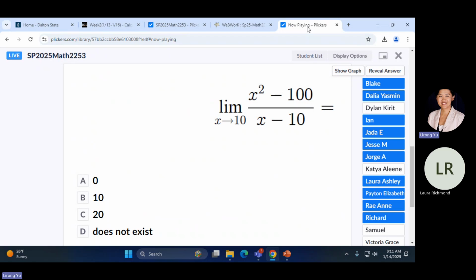Not identical, but trying a number that close to 10 certainly does not give you the exact answer, but gives you the tendency, what it is close to. It's called exploration with numbers. That's right. Thank you. The best way to get the exact answer is to calculate the limit analytically: analyzing the function, simplifying the function, determining the limit.